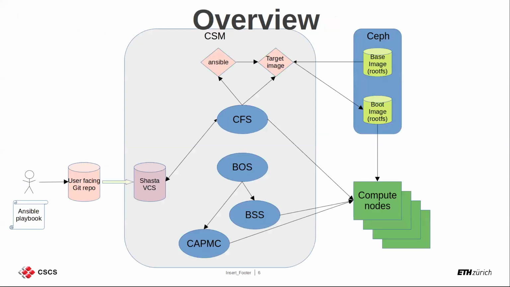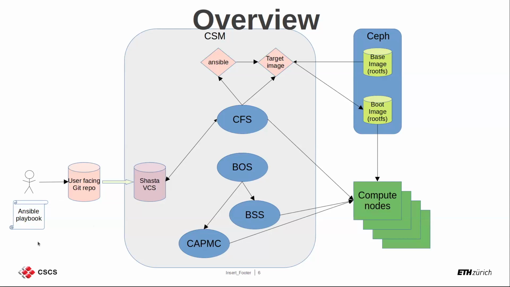Okay, this is now an overview of how the overall system works. This is very high level, okay? So I'm not going into much detail. Basically, how this normally works is you have on the left side a user who has an Ansible playbook. The Ansible playbook is going to be used to shape the state of your cluster.